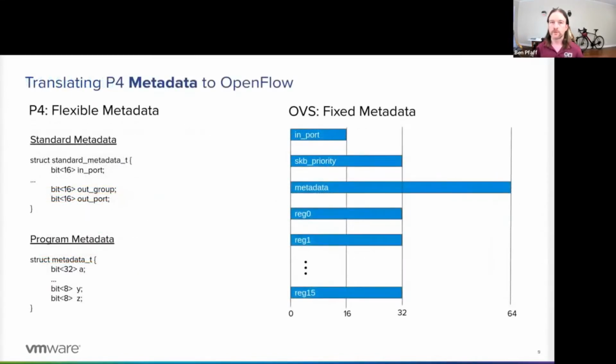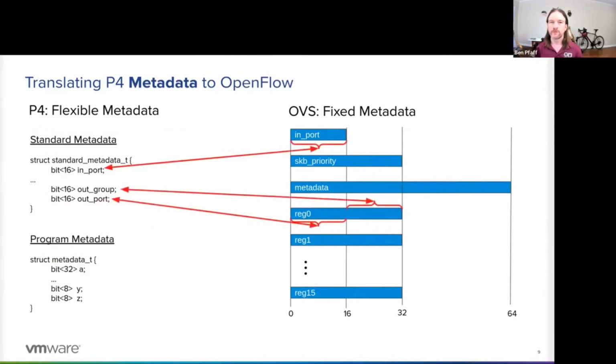Let's see how everything matches up. We start with some P4 standard metadata and program metadata on the left, and with OVS fixed metadata on the right. So first of all, OVS matches up the standard metadata in a predictable way like this, where the input port matches the input port and so on.